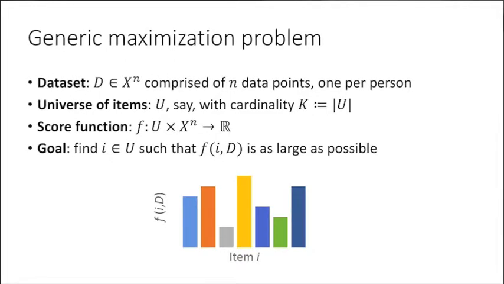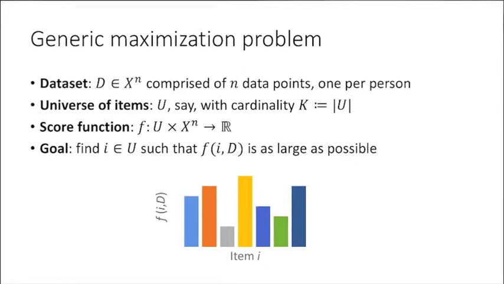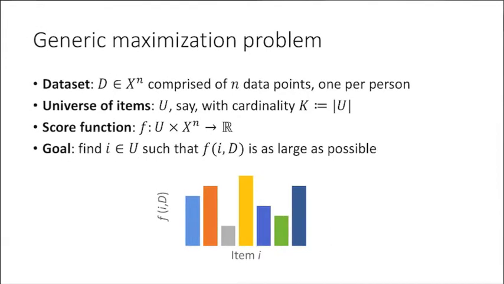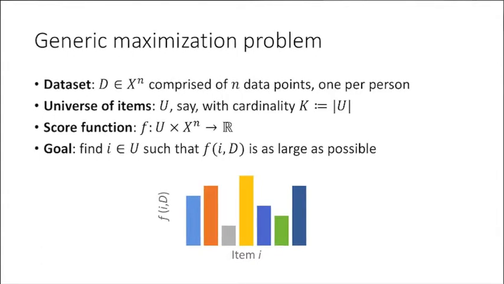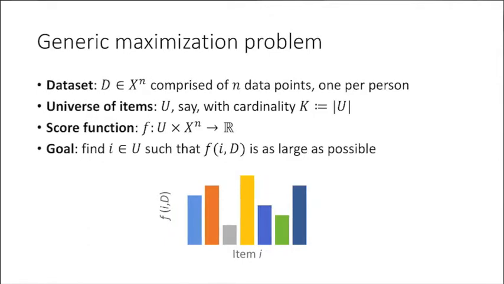And you would like to find the item that maximizes this score, for example the classification accuracy, or the highest frequency in the data set or in the population. So this is a very generic maximization problem that fits a lot of the problems that we study based on these individuals' data. This is the subject of a lot of machine learning and data mining. Essentially, it boils down to some kind of optimization problem.